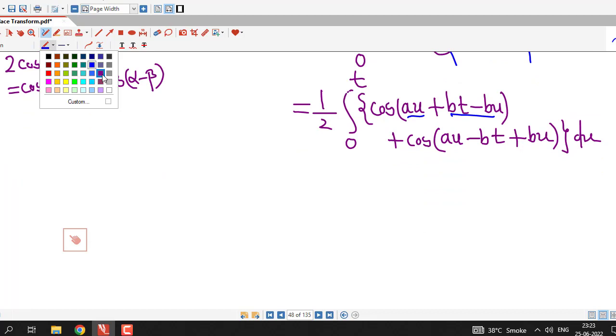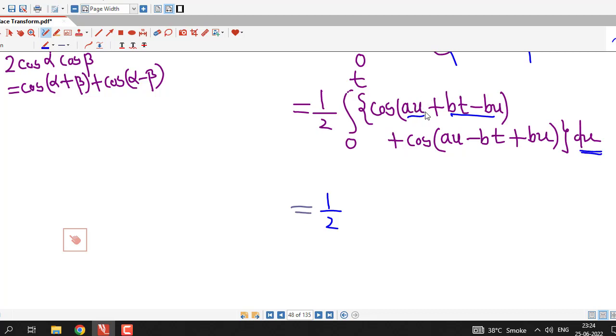Now we integrate this with respect to u, and we will remember that this t is considered as constant while integrating with respect to u. So here the variable of integration is u. So before integrating we can write our function as cosine of, I consider these two terms which contain u. So I rewrite in this way, a into u minus b into u, that I can write as a minus b into u plus b into t.